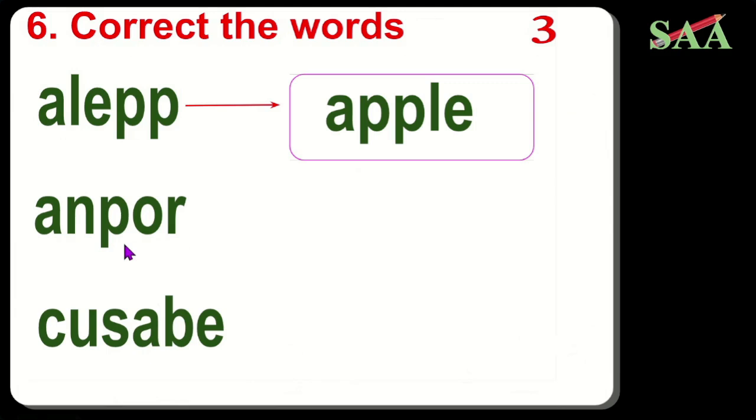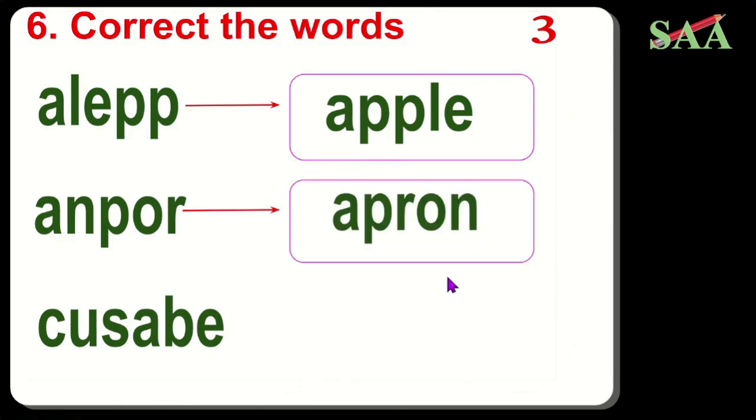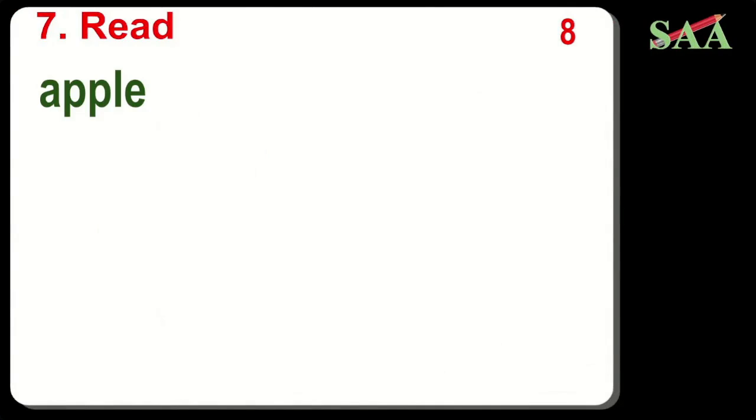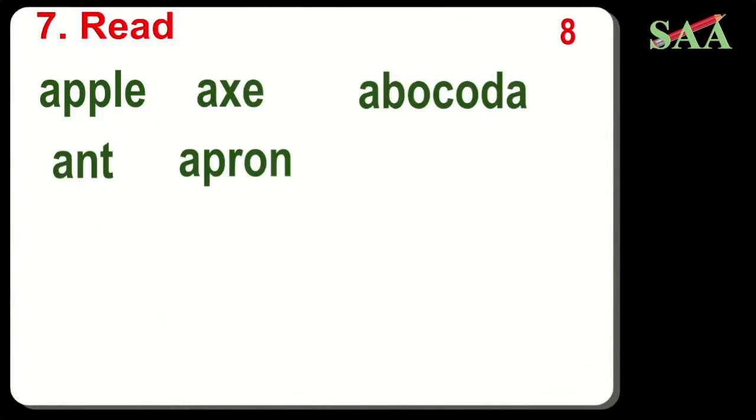Apron. A P R O N. Yes, apron. What about this? Avocado. Not avocado, abacus. Abacus. Okay.